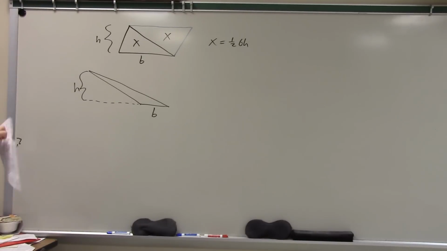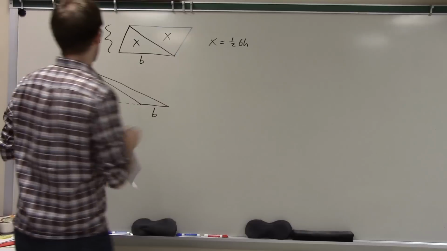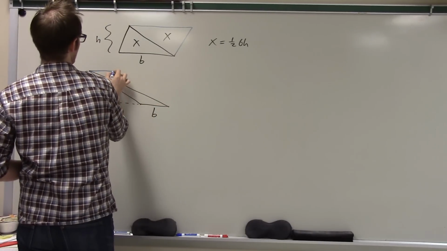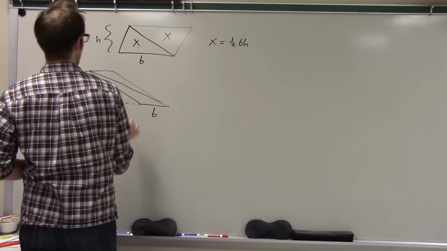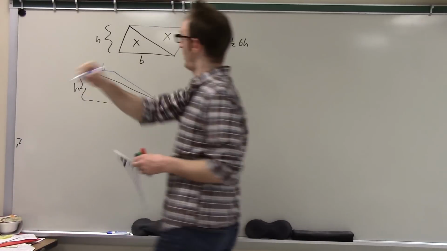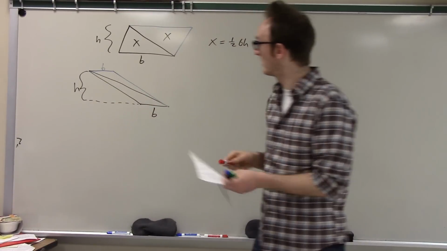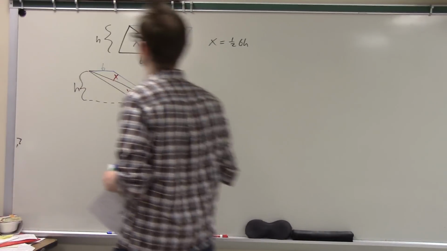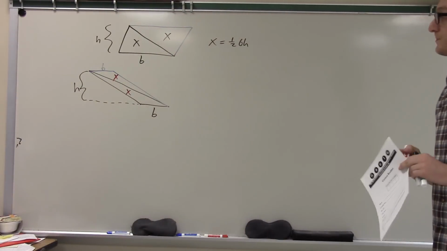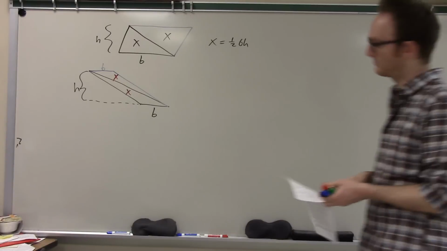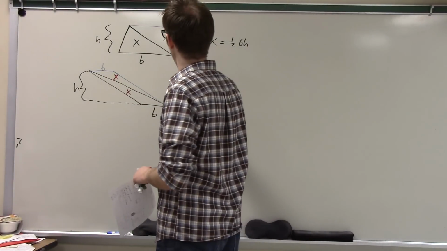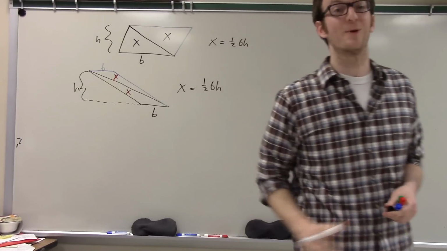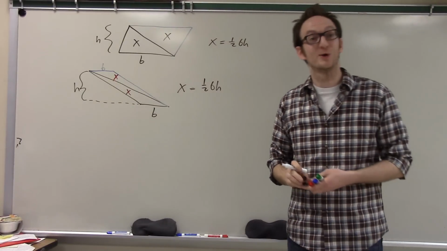But the answer is it does. Because even this triangle can be extended via a copying into a parallelogram. And I sort of did all the hard work over there to show that the area of this parallelogram is indeed BH. And if the area of the whole parallelogram is BH, then the area of this triangle is 1/2 BH.